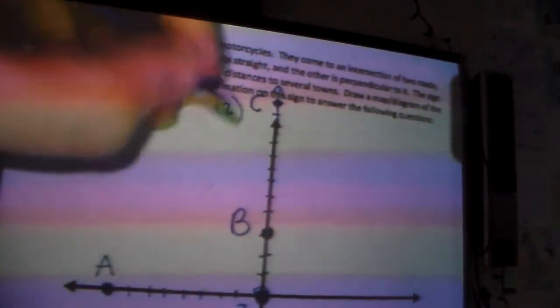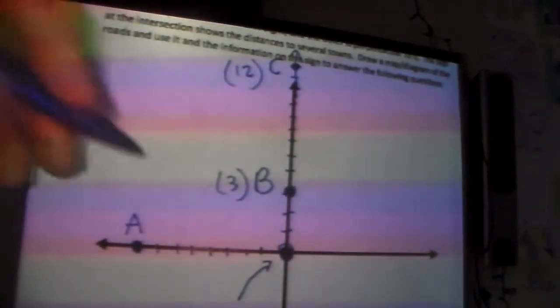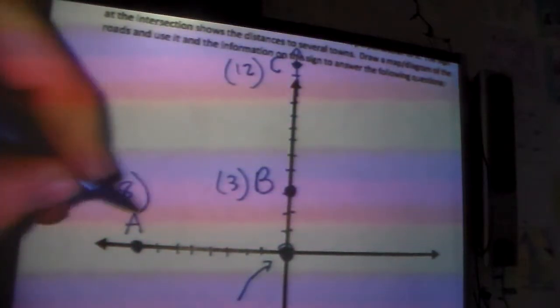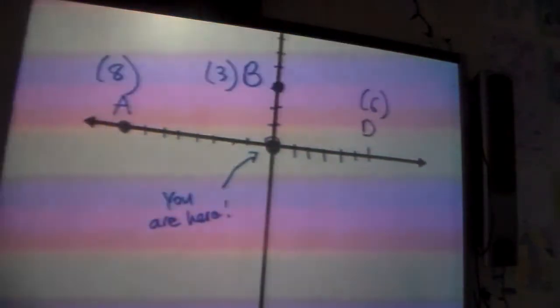This is 12 miles forward. This one is 3 miles forward. Albertsville was 8 miles to the left. And finally, if we turn right, we would see Dewey Falls 6 miles to the right. So 1, 2, 3, 4, 5, 6. D for Dewey Falls, 6 miles to the right.